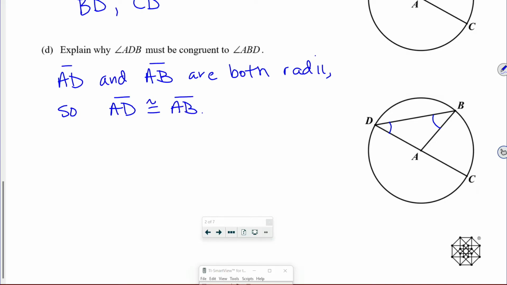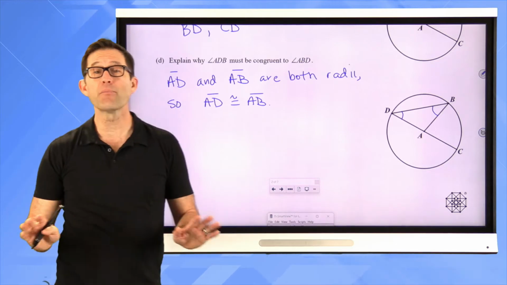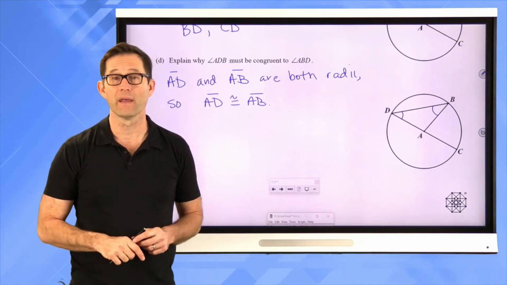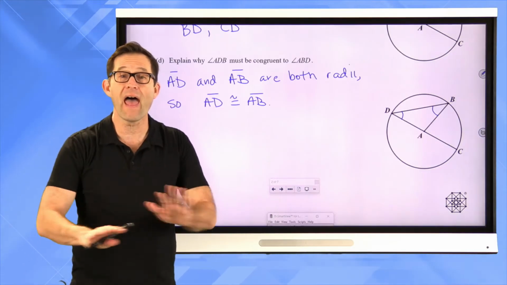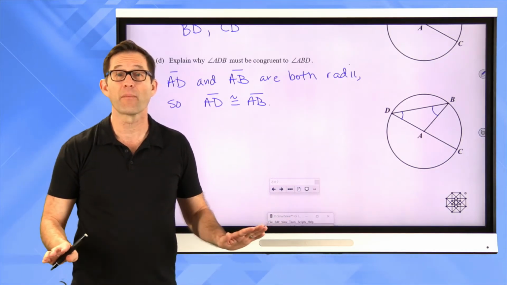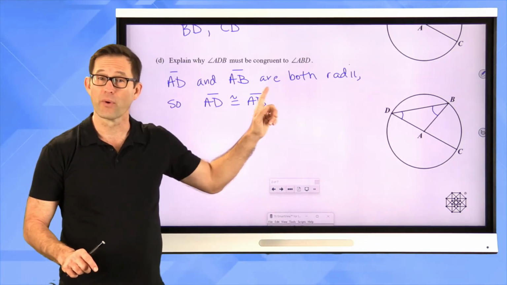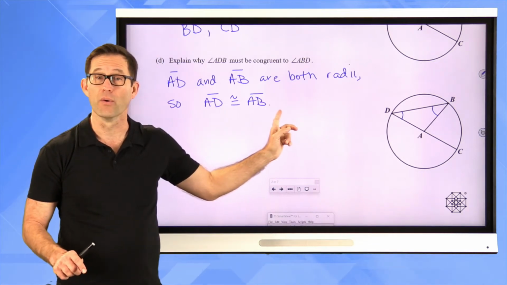And this is what it's all about with circles. Every property that a circle has comes from the fact that all of its radii are the same length. Every property. And this is one right away. So AD and AB are both radii, so AD and AB are congruent.